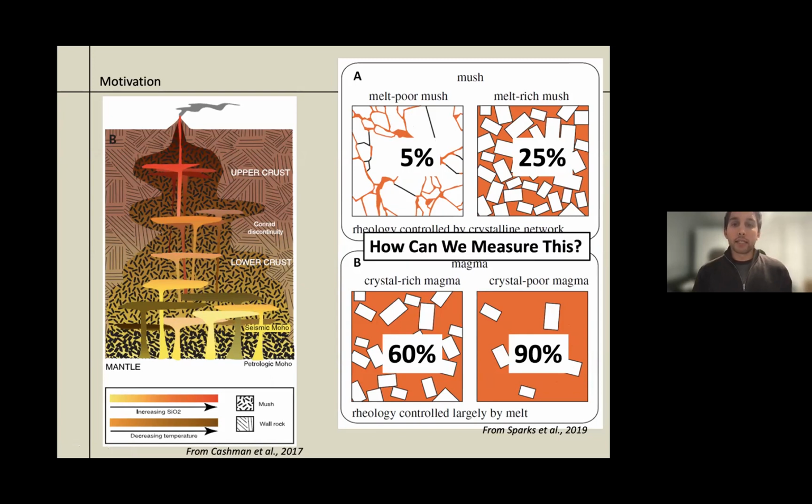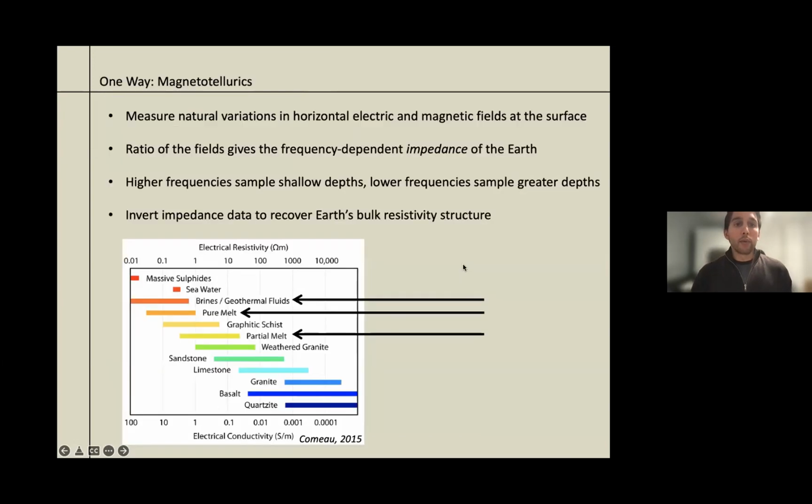So the question then is, how can we measure this with geophysical methods? There's lots of different ways, including seismic and gravity, for example, but the way I'm focusing on today is Magnetotellurics, or MT for short. And for those that aren't so familiar with the method, it's a natural electromagnetic method where we measure these natural variations in the electric and magnetic field at the surface of the Earth.